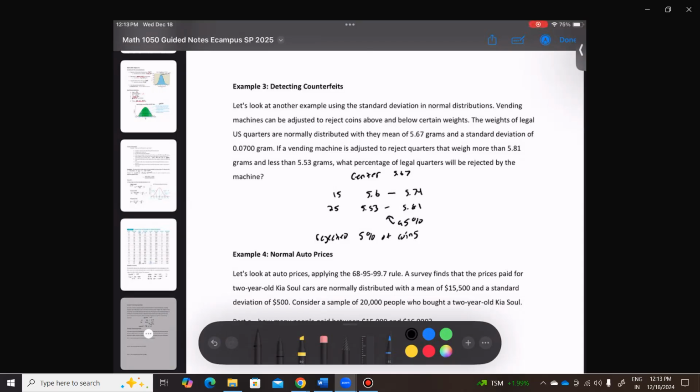Some can still get rejected. If they adjust it to 5.46 and 5.88, then they will be accepting 99.7% and only reject 0.3%, which is not many coins.